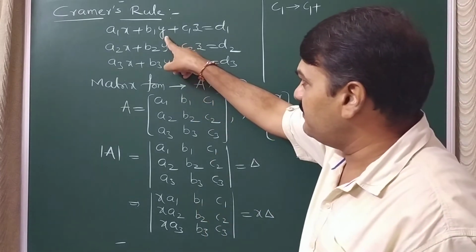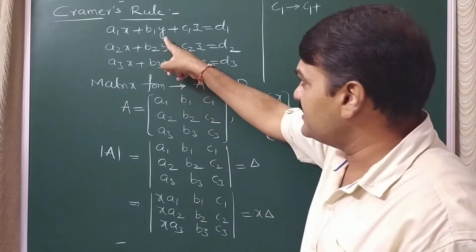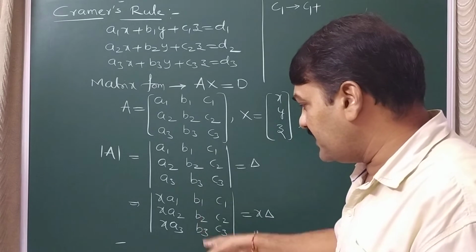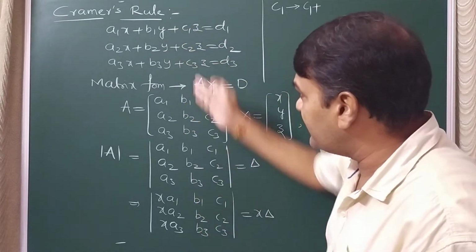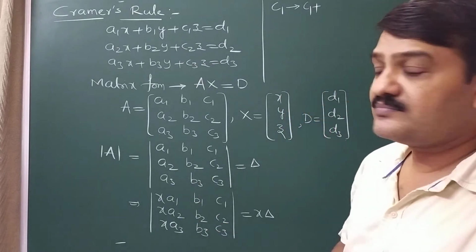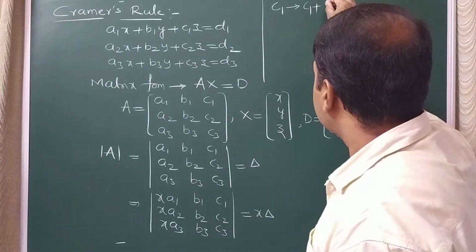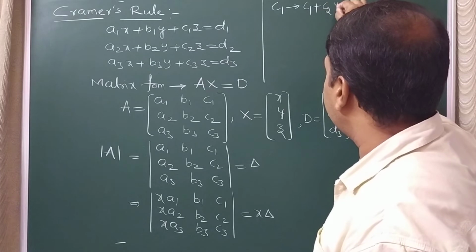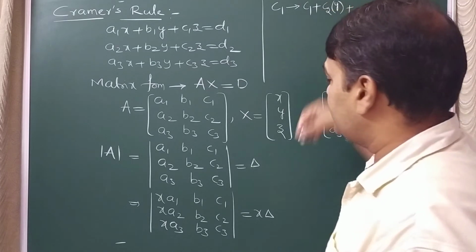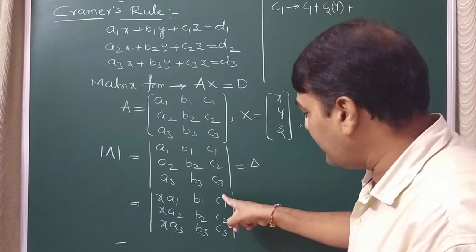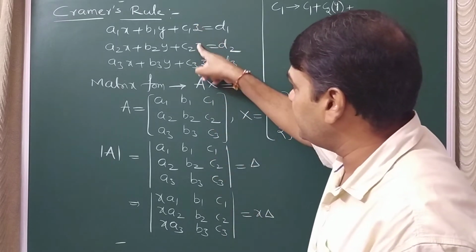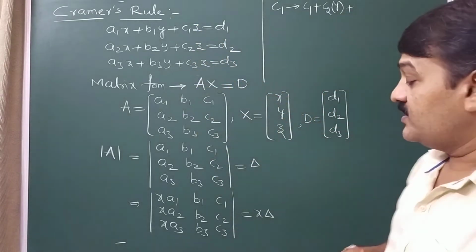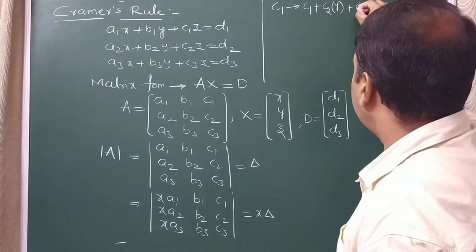If I multiply the second column with y, I will get b1y, b2y, b3y. Now, if I multiply the third column with z, automatically I will get these terms.